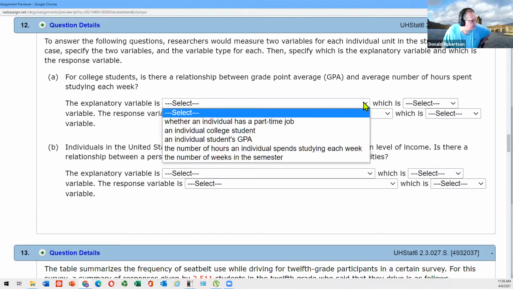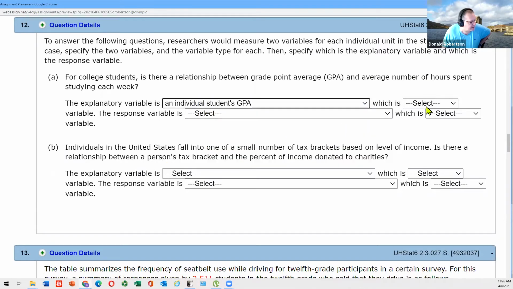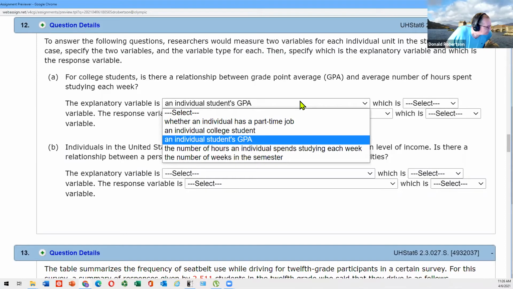The explanatory variable is GPA. Right, GPA. 3.2, 3.7. Yes. I already did this one also. And that should be number of hours studying.